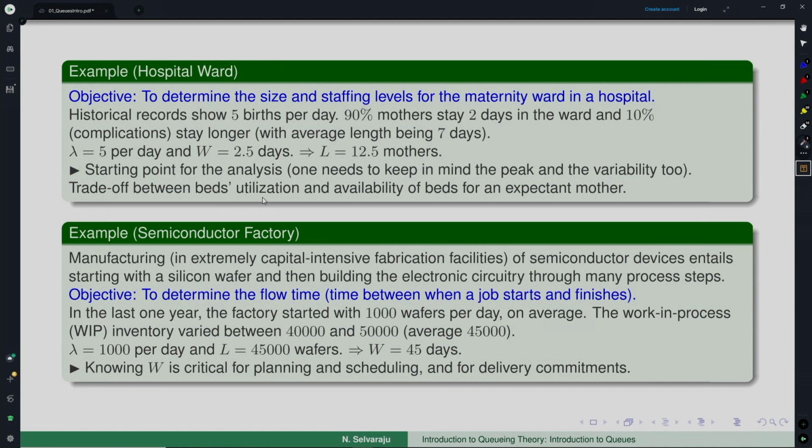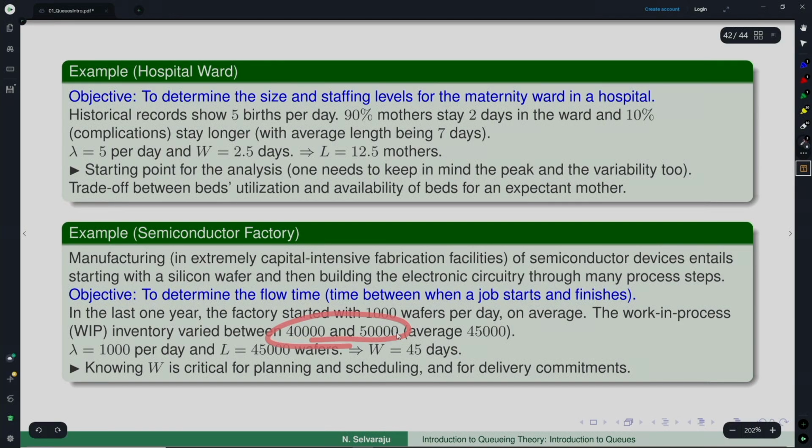So, the past record shows that the factory on each day started on an average with 1000 wafers per day, and it does not get over within a day, that the whole process is completed. So, this keeps waiting, but every day around 1000 on an average is what we are taking up. So, the work in process inventory varies between 40,000 to 50,000, so with an average of 45,000, right.